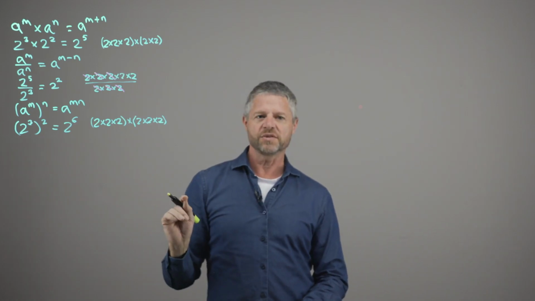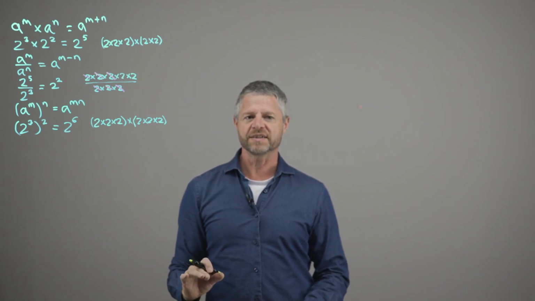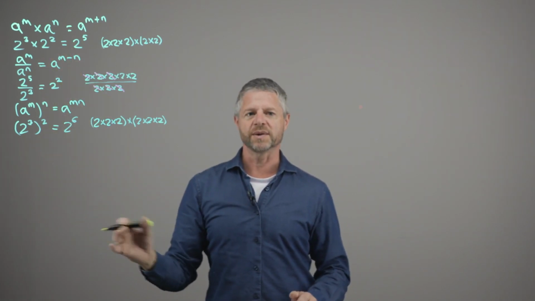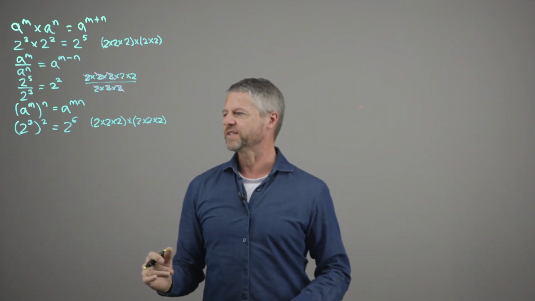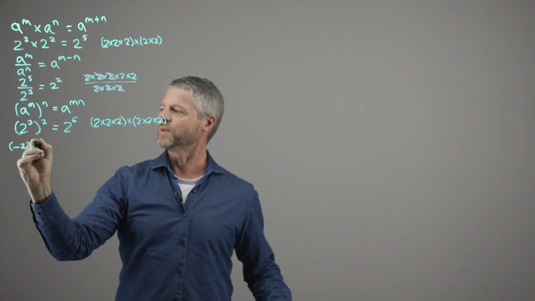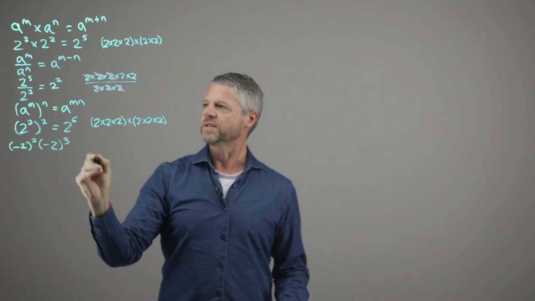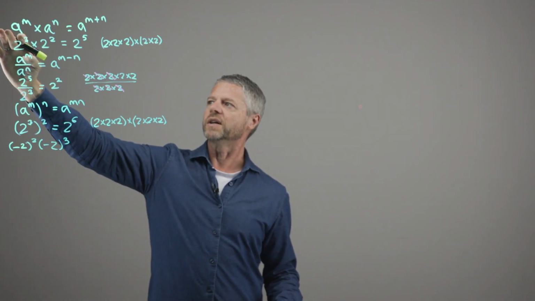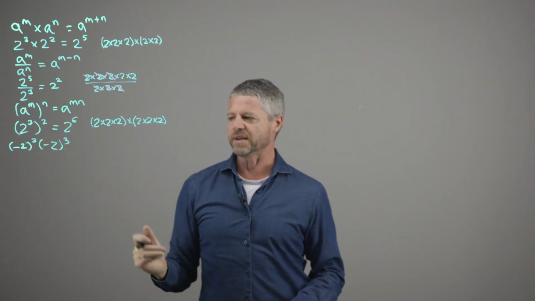So let's just work through a few more examples and throw some negative numbers in there to make sure that this works even when we have negative either bases or exponents. So let's try minus 2 squared times minus 2 cubed. So according to our method up here, we add the exponents because we've got the same base.